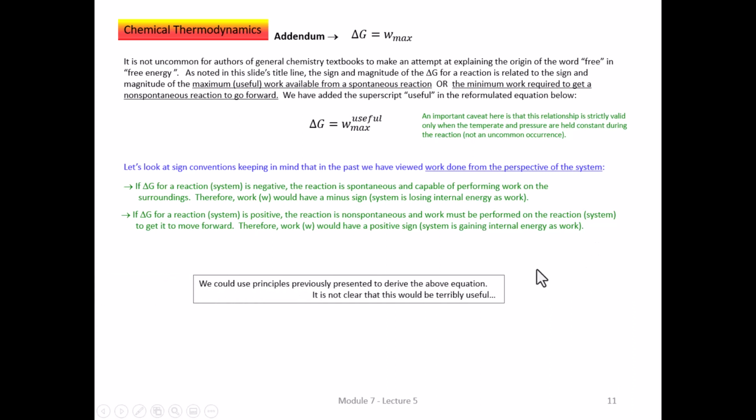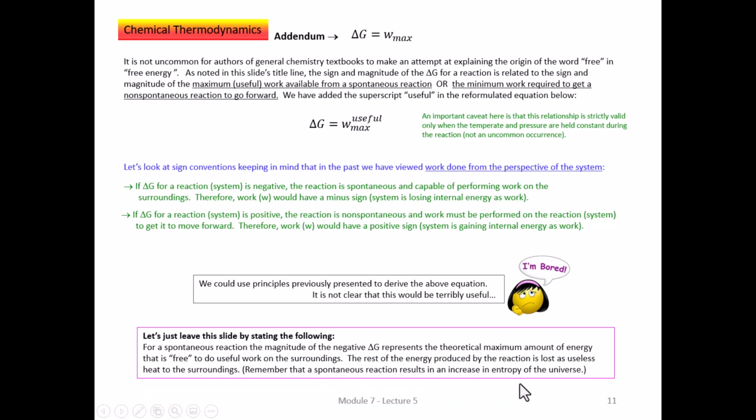Now we could use the principles previously presented to derive this equation, but in all honesty, it's not clear that this would be terribly useful at this point, and you probably want to end this lecture and get this module over with. So let's just leave the slide by stating the following.